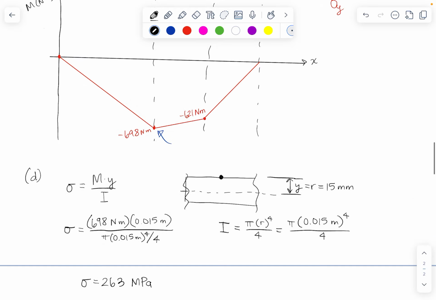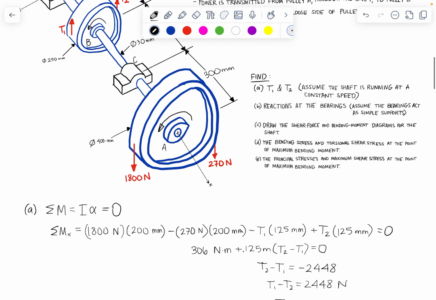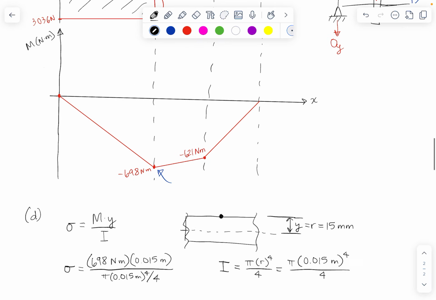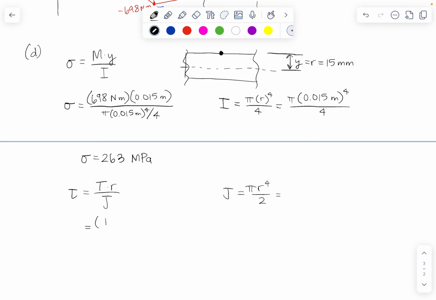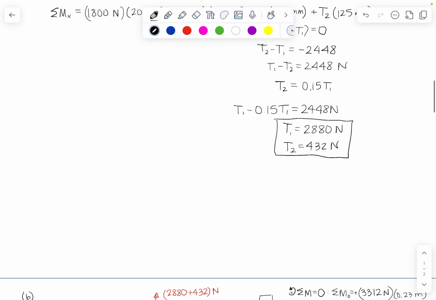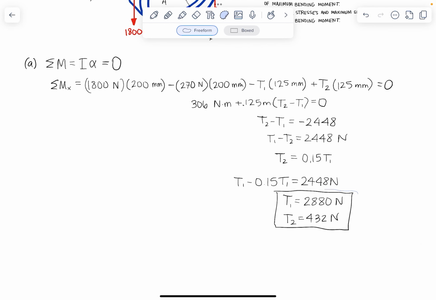So we have our belt tensions T1 and T2 that are causing a torque to develop on point B. So this is going to be our T1 times, sorry, I have to go back and forth so many times. This distance, which is 125 millimeters. Let me just copy this.